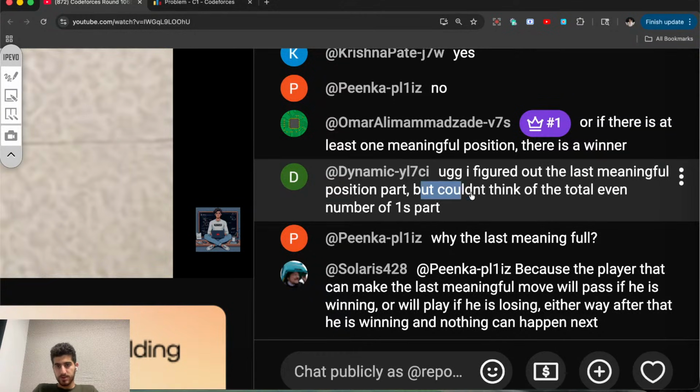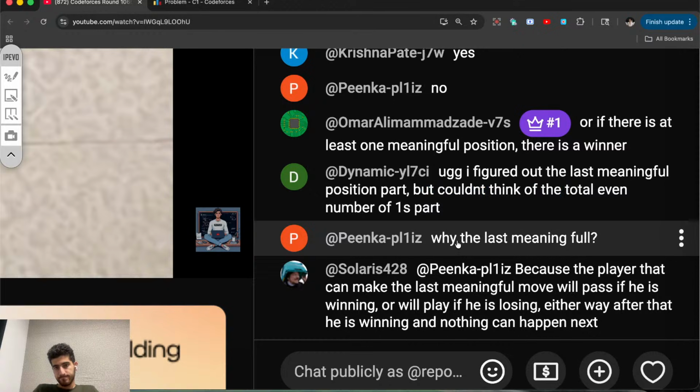Last meaningful, but I couldn't think of. Yeah. Why the last meaningful? Because the last meaningful is the most strategic one. When you are playing the last meaningful, all the previous ones are decided. So you can see what the state is so far, right? The last meaningful is the deciding one because all the previous decisions are made and you can see the result of them.